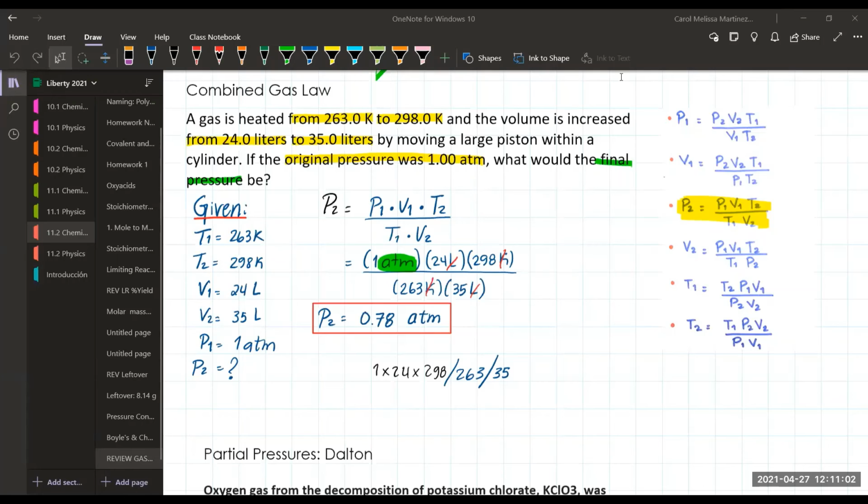The pressure is different: initially it was 1, then it was 0.77. The volume changes from 24 to 35, and the temperature changes from 263 to 298. So in this combined gas law, we don't have a constant. I'm just going to write it down. Thank you for reminding me. No constant data.